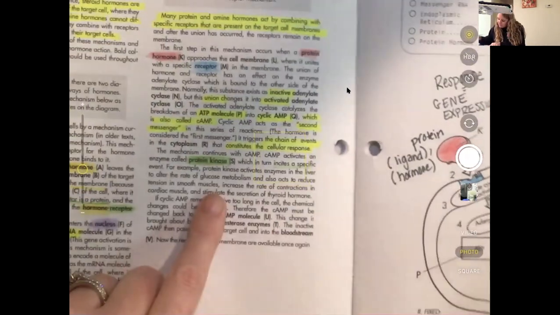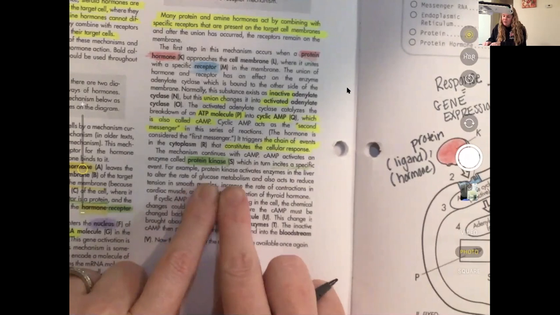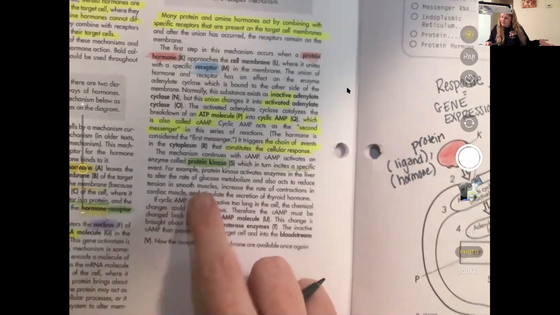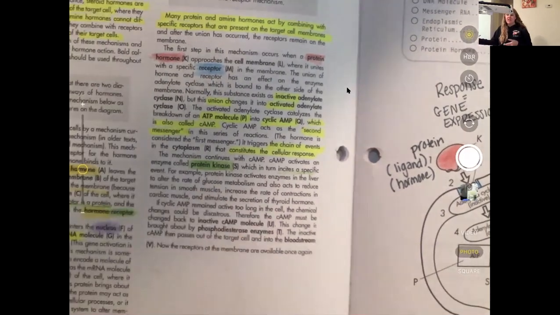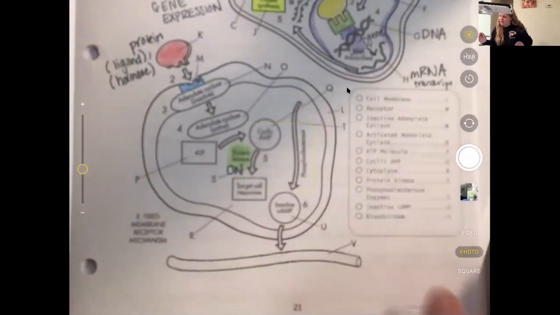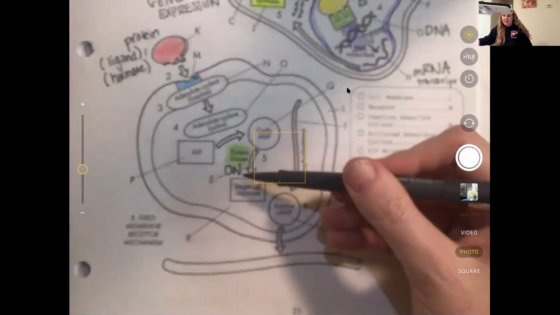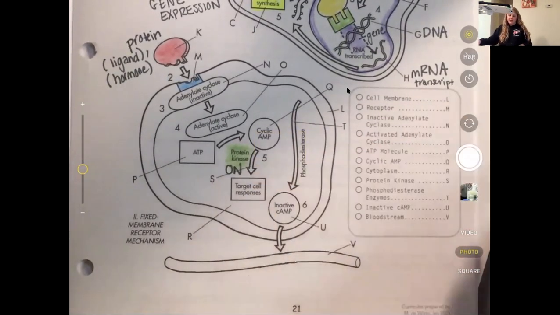We can be altering the rate of glucose metabolism, increasing it or decreasing it. We can reduce tension in smooth muscles. Any of these things, we are stimulating a response of some sort. But we don't always want this on. We eventually want it to turn off, and that is this next section.